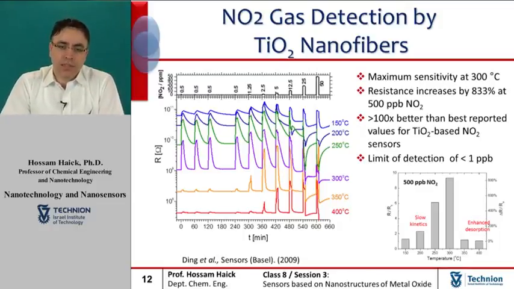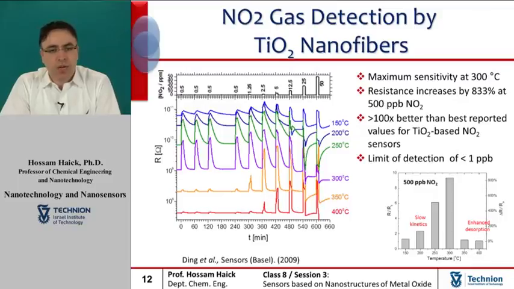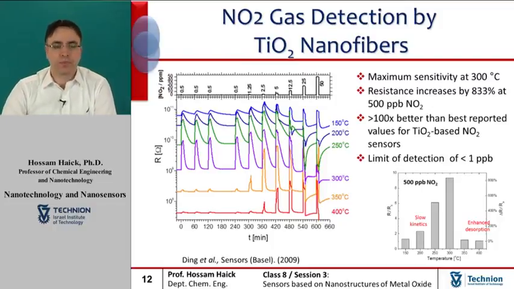Please note that nitrogen dioxide and carbon oxide are toxic pollutants. Also, please note that hydrogen and methane are potentially explosive gases, and the DMMP serves as a nerve gas simulant for the development of detectors for chemical warfare agents.